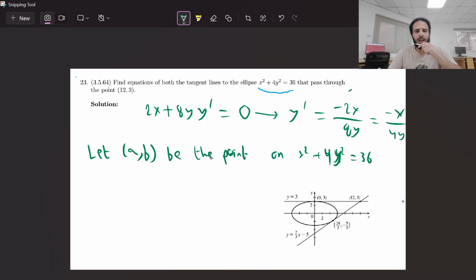Now, what's the slope? The slope is the derivative at that point, so y prime at (a, b) equals minus a over 4b, right?